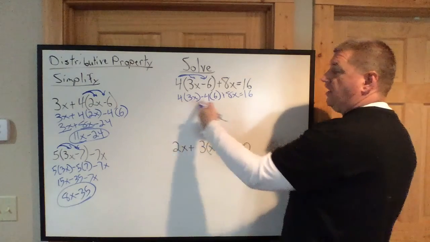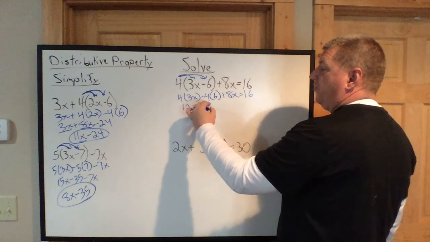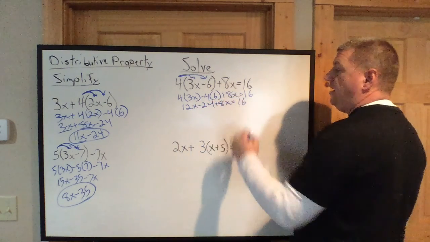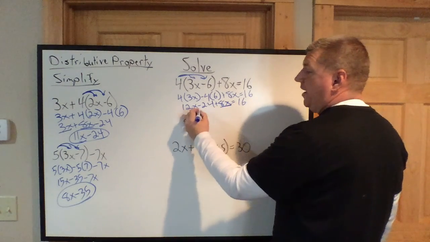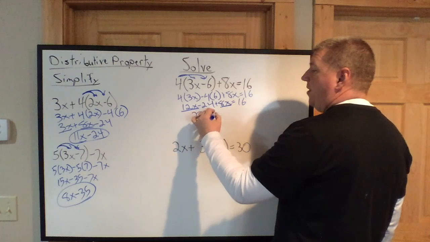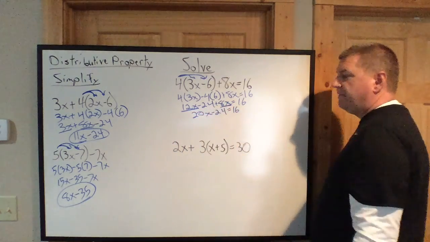So simplifying each of our terms here, I get 12x minus 24 plus 8x equals 16. Combining my like terms, I can combine my 8x and my 12x. That's a positive, so I get 20x minus 24 equals 16.